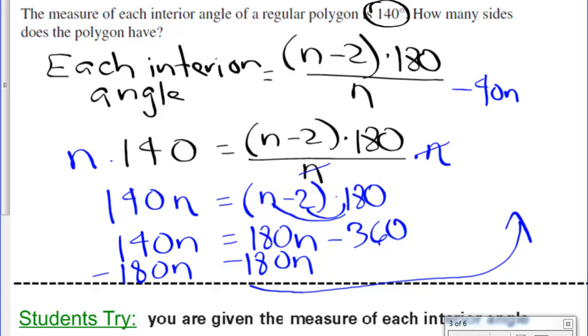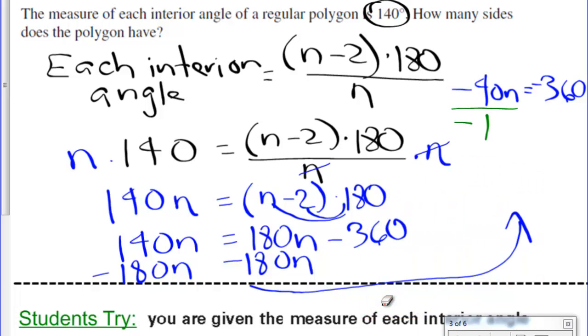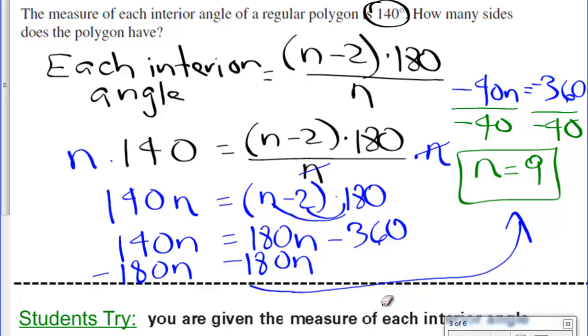Negative 40n. On the right-hand side, I'll have negative 360. Okay, so the last step is to divide both sides by negative 40. And we get n equals what? n equals 9. And we're done with example 2.